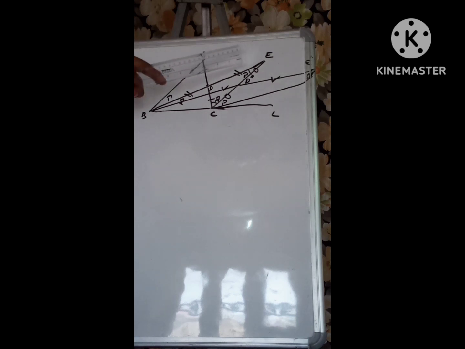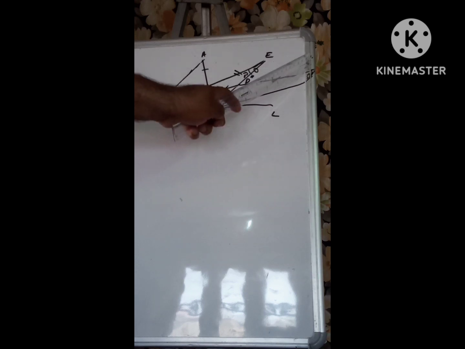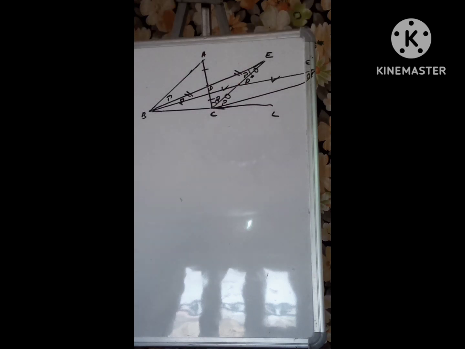So this angle equals this angle, and this angle equals where the angle here is. Now 1 double dash is in turn equal to angle 1 dash equals angle 1 here. Therefore this angle 1 dash here equals angle 1 here.